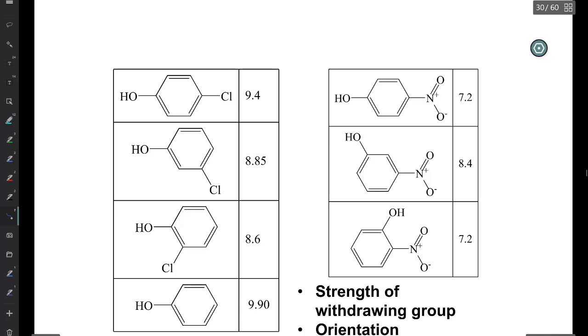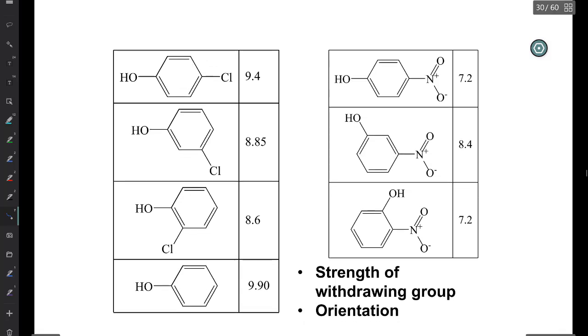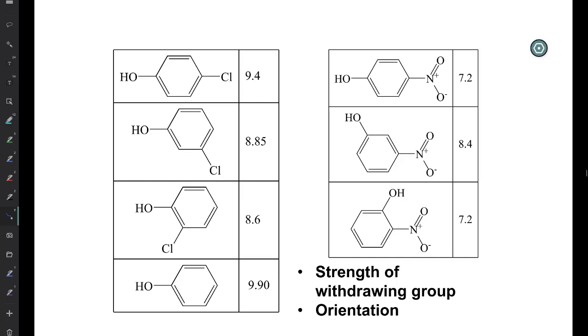But still, a nitro group on the ring, even in the meta position, at a pKa of 8.4 is still stronger than phenol, which is 9.9 in this study. But again, the effect tends to be more pronounced in the ortho and para positions for nitro groups.